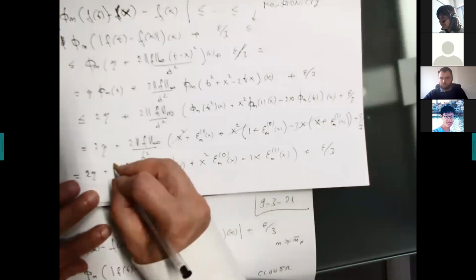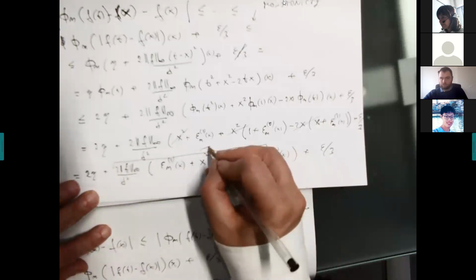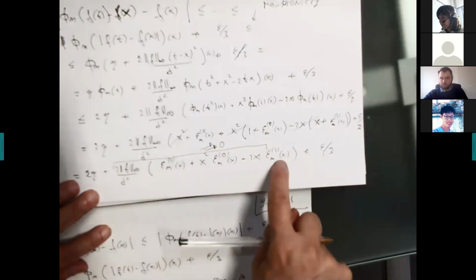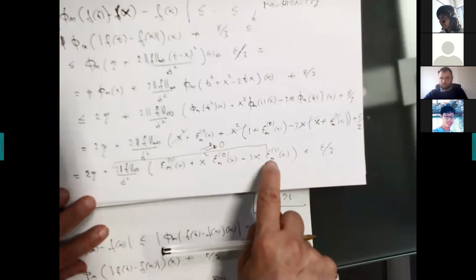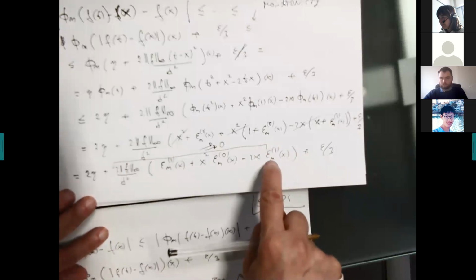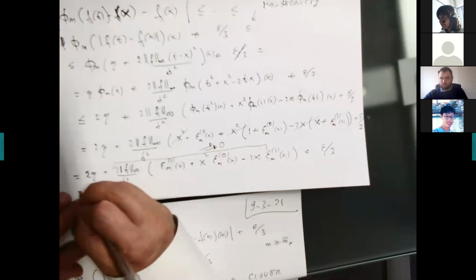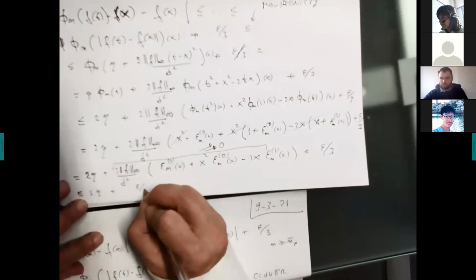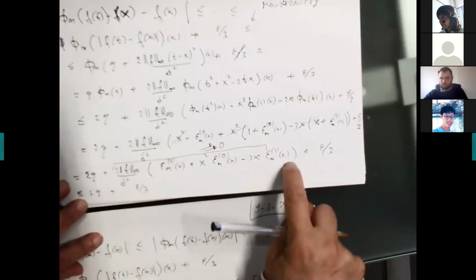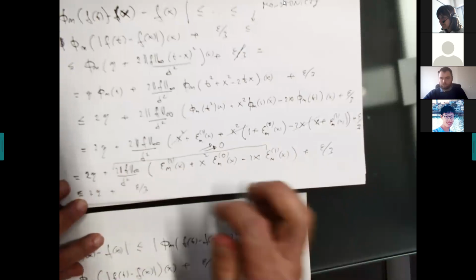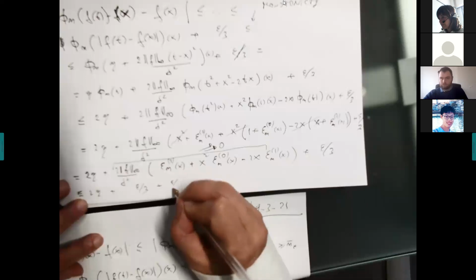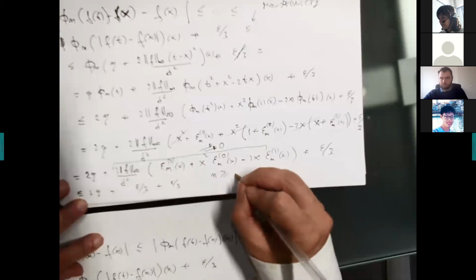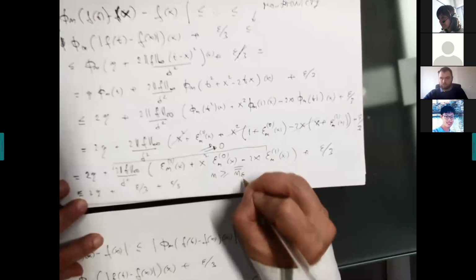So this goes uniformly to 0. Because these are constants and this depends only on n, because the convergence is uniform. So this is bounded by 2n plus epsilon divided by 3. I can choose that this is smaller than epsilon divided by 3 plus epsilon divided by 3 for n larger than n of epsilon.